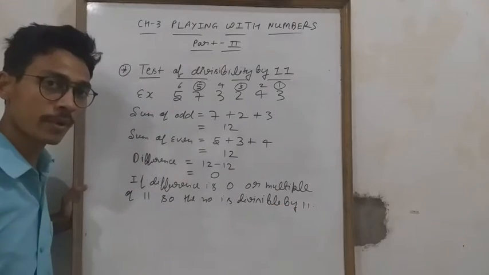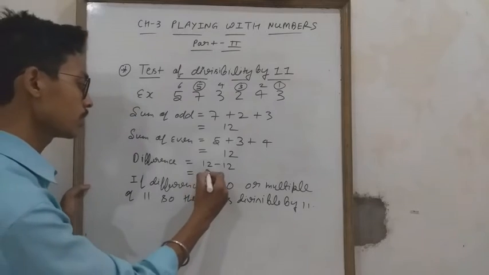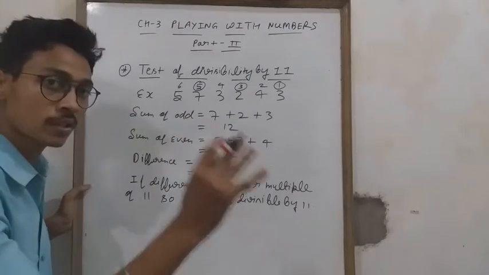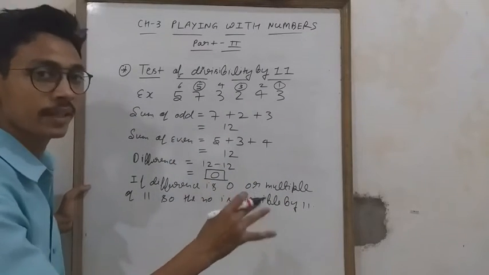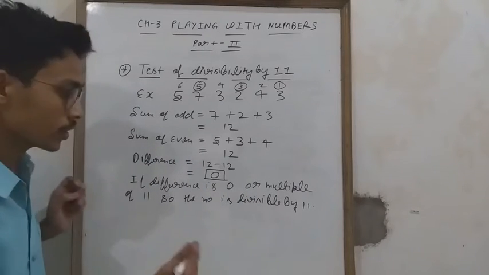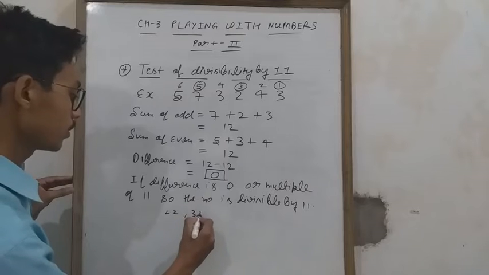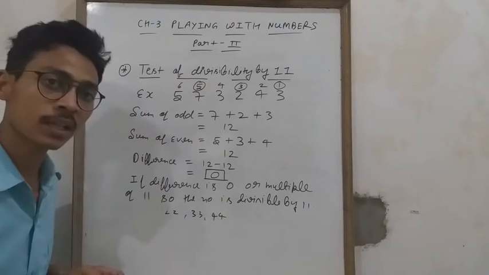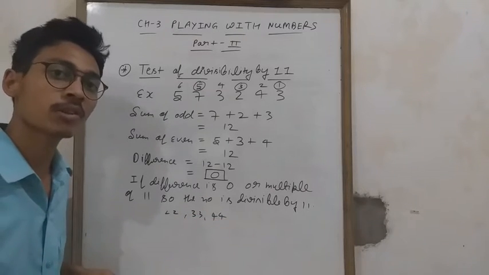Clear, students? This is the property. So see, students, in this question the difference is 0. If the difference is 0 or a multiple of 11, it will be divisible by 11. Just 22, 33, 44. These are multiples of 11, na? Then we can say the number is divisible by 11.